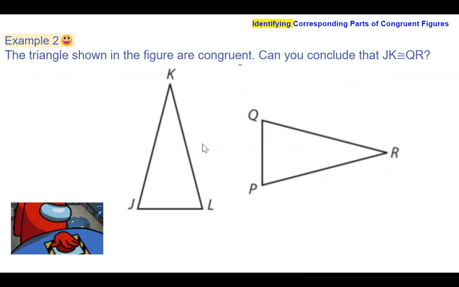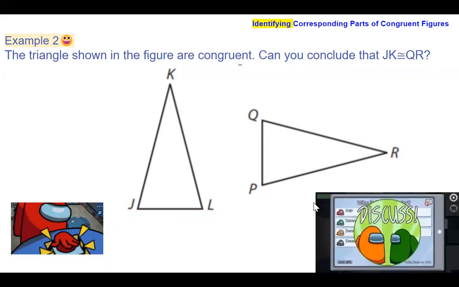Now, example number 2, guys, I'm just going to discuss this one really quickly. Triangles shown in the figure are congruent. Can you conclude that JK is congruent to QR? So what do you guys think? JK is right here. QR is right here. Are they congruent? The lengths.